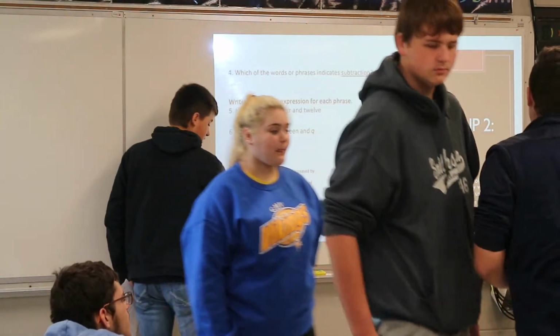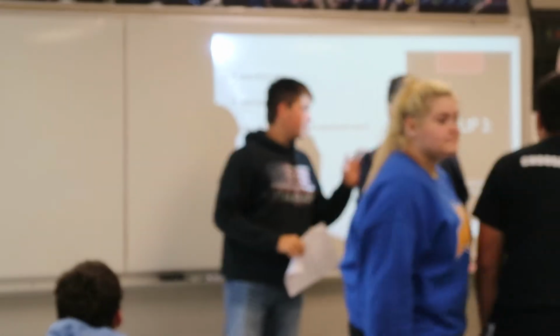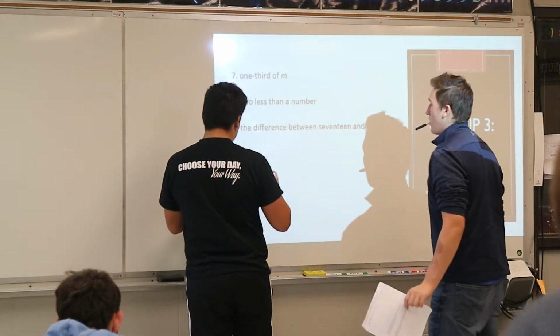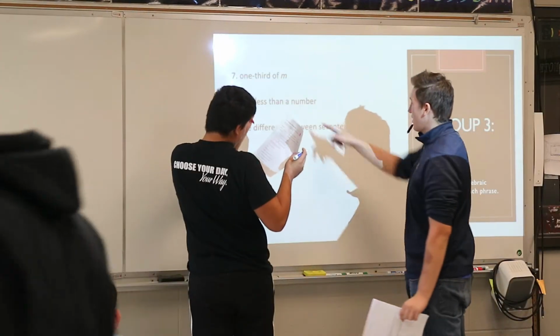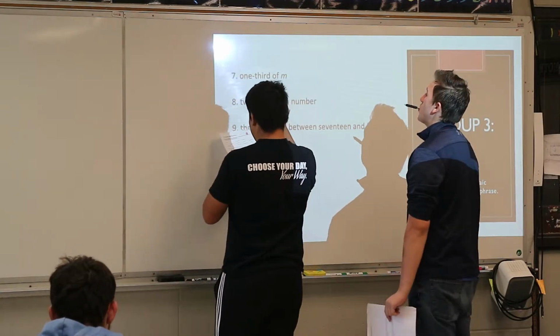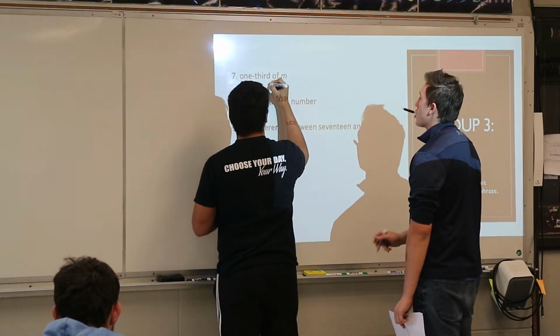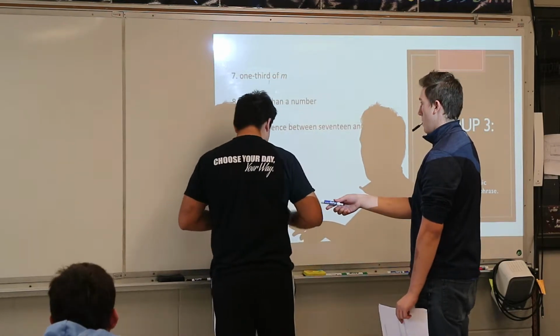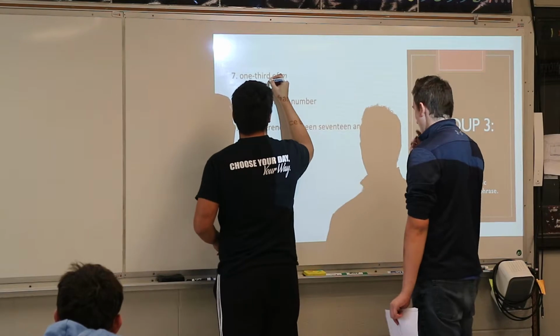Next group, group 3. Thank you very much, group 2, nicely done. All right, group 3. They have the same situation the last group did. Their goal is to write down the formula for the keywords here. Yeah, write it really big.